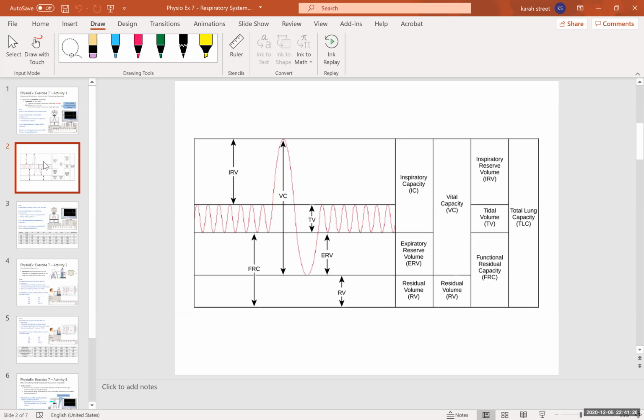We're going to go with an average of about 5. Vital capacity is the maximum amount of air that can be inspired and expired, so the amount you can go from your maximum inhalation to your maximum exhalation with maximal effort. One way to calculate this is tidal volume plus inspiratory reserve volume plus expiratory reserve volume.